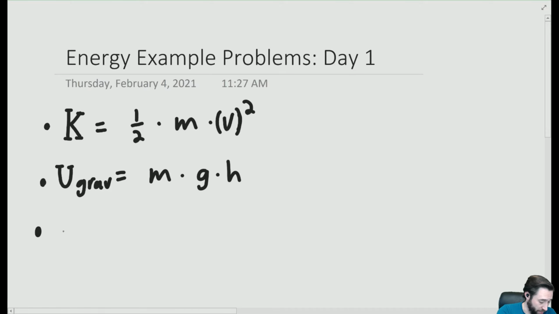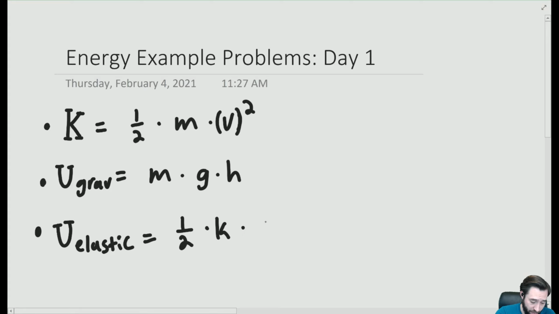And then lastly, we have U elastic. And that is going to look really similar to the kinematic equation, or sorry, the kinetic equation. But it's going to have some different variables in here.